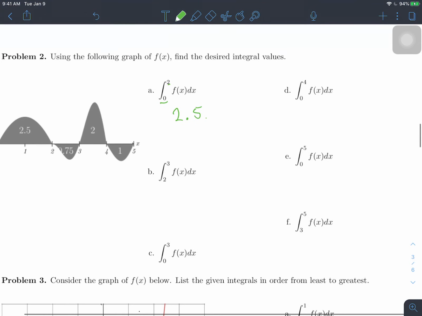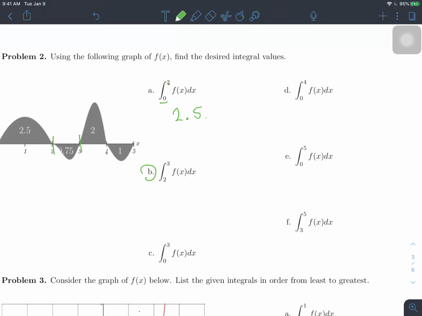Okay, second one, we want to do the integral from 2 to 3. So I'm considering this region in between these two green lines. If I want to do the integral of the function, for this region the function lies beneath the x-axis. So I'm going to take any area which is enclosed between the function and the x-axis and negate it.